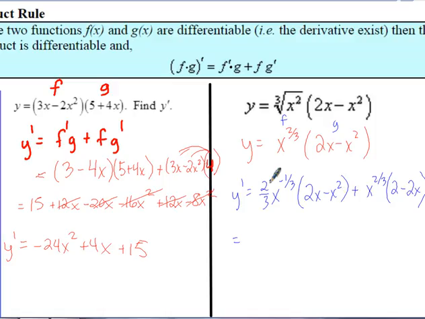2/3 times 2 is what? 4/3 x, and then what do you do to the exponents? You add. So you have a negative 1/3 plus 1, which is positive 2/3. And then do the same thing, distributing to the back.